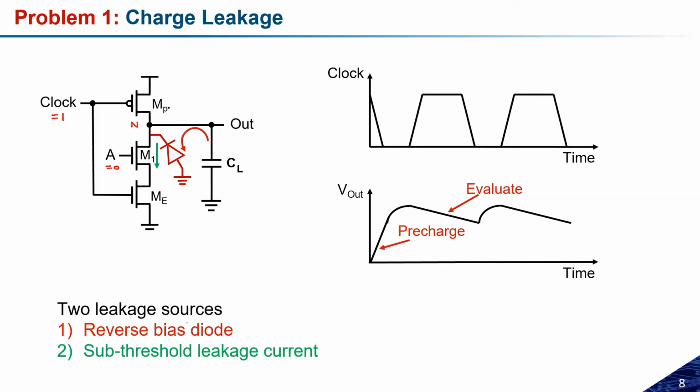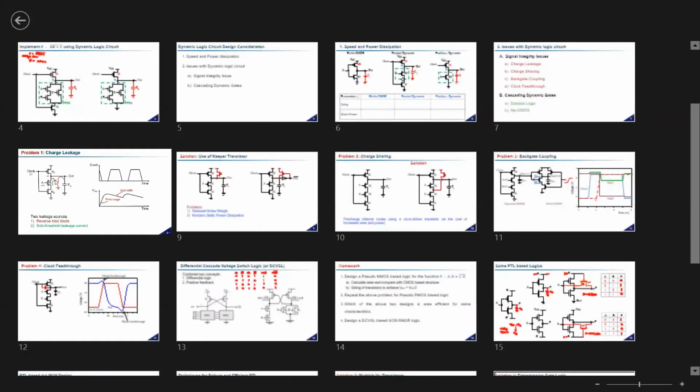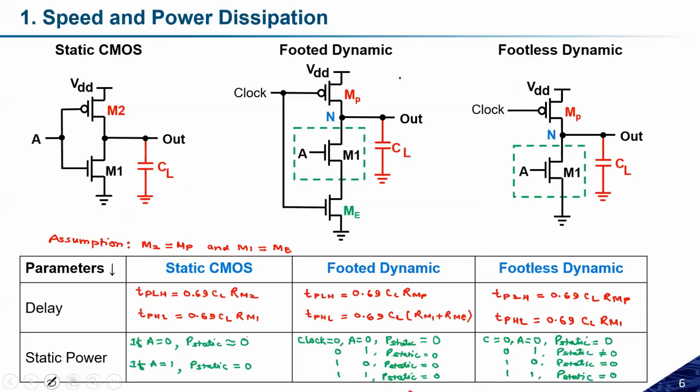If we see the normal, original CMOS circuit, what happens? Let me go to the circuit, and then I will tell you. Here, if A is equal to 0, then this will be in the on state and this will be in the off state, and vice versa for 1.